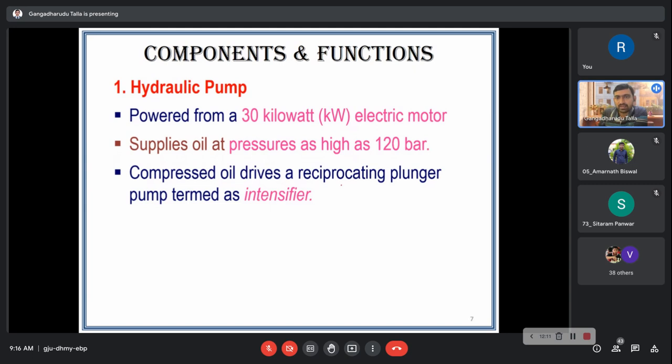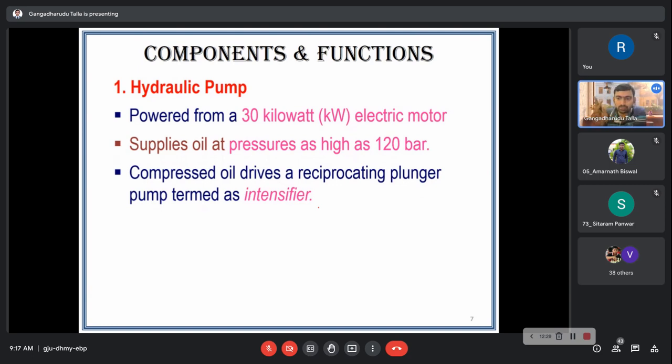Now, compressed oil drives a reciprocating plunger pump termed the intensifier. The oil reservoir is used to run the intensifier. The intensifier is one kind of pump only, a reciprocating cylinder.